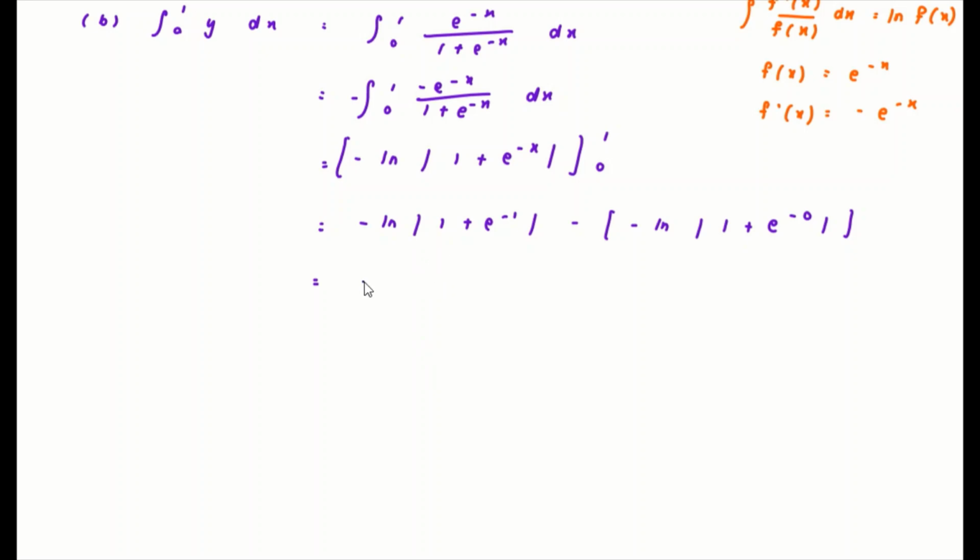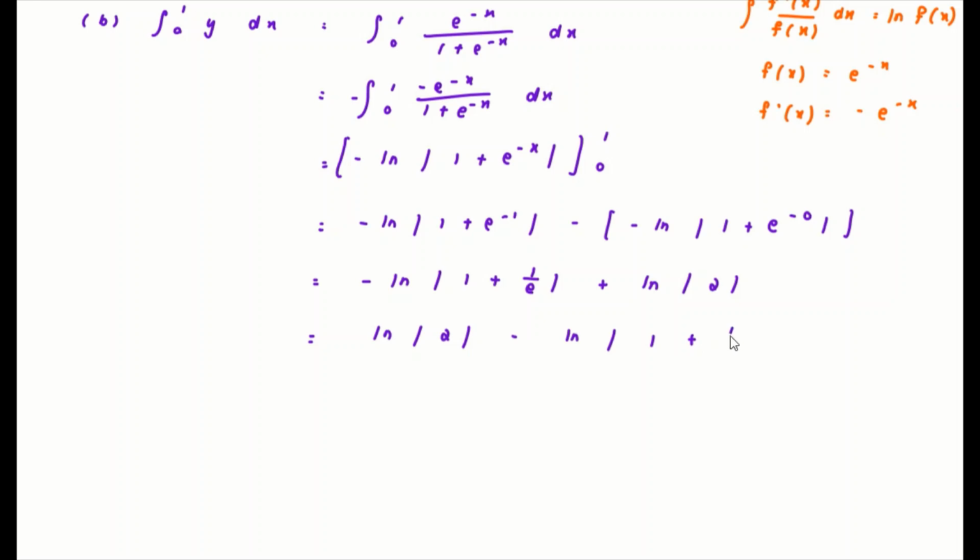So negative ln and then 1 plus 1 over e. Then in this case, we will have negative become plus. So ln e power 0 gives us 1, so 1 plus 1 is 2. So when we try to combine together, we can just change this to the front.